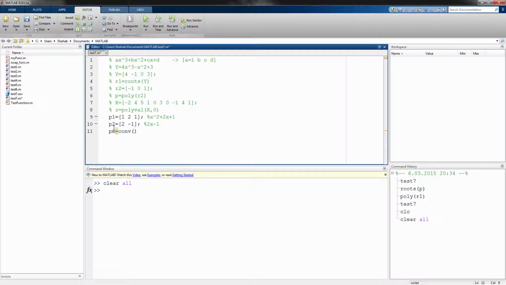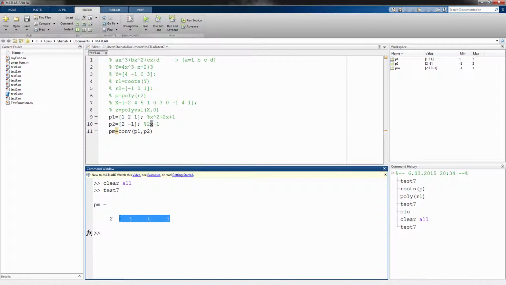If you are familiar with signal processing, it basically does the convolution. We are not talking about signal processing, so it simply multiplies the two polynomials that we have. I multiply p1 and p2, and if I run it, it tells me that the highest order should be order 3. In other words, I should have 4 coefficients, which I'm getting.